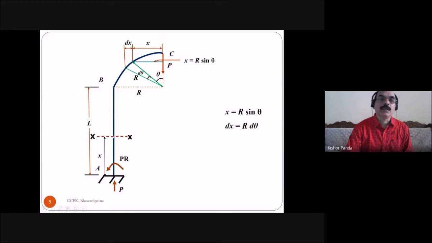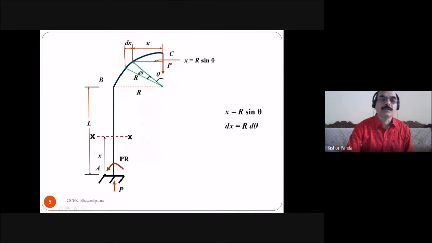When you are taking the moment, this moment is acting in the anti-clockwise direction, so Mx is equal to minus PR. But this reaction is passing through the axis point.